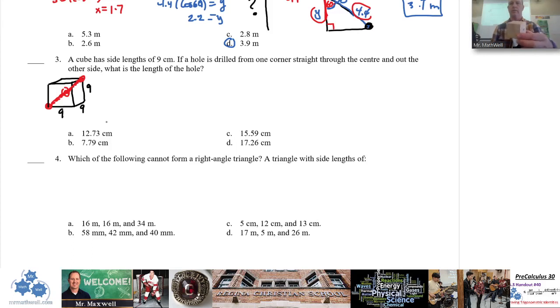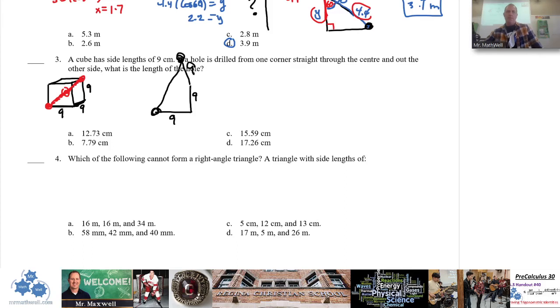Okay. So watch this. This 9 by 9, if I viewed it from the top, if this was this side and this side, then the hole is going from here all the way up through this other corner up here where the other 9 is.